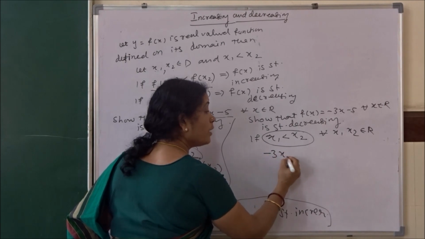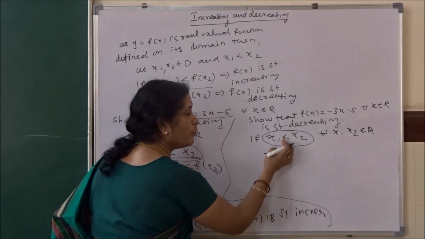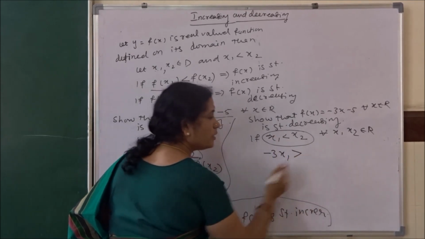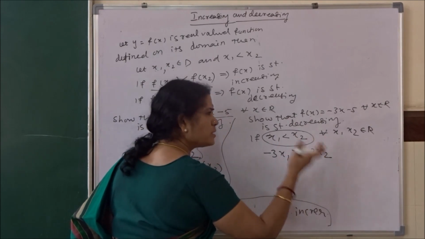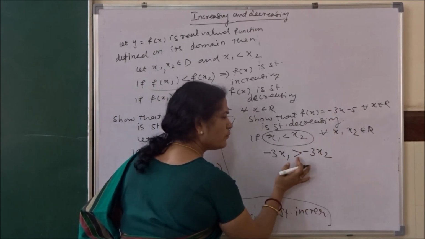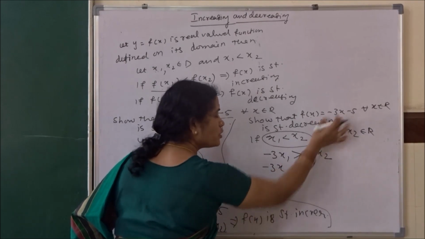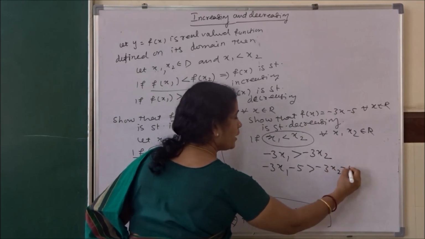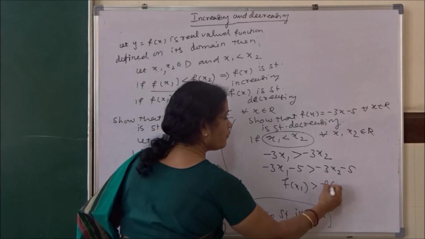As I have given in the example, if we multiply both sides by a negative number, automatically the inequality will change. That gives minus 3x1 greater than minus 3x2. Now, adding or subtracting has no effect on the inequality. As per the function, I need both sides minus 5, so minus 3x1 minus 5 is greater than minus 3x2 minus 5. So automatically f of x1 is greater than f of x2.